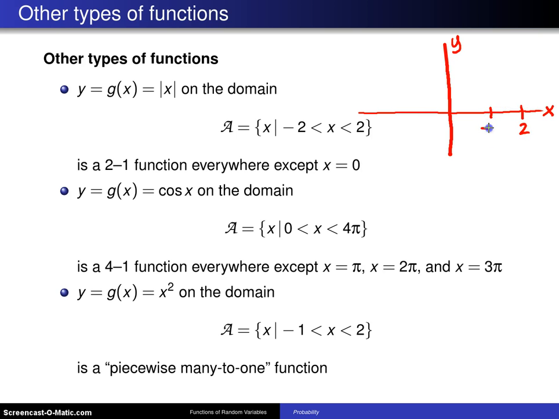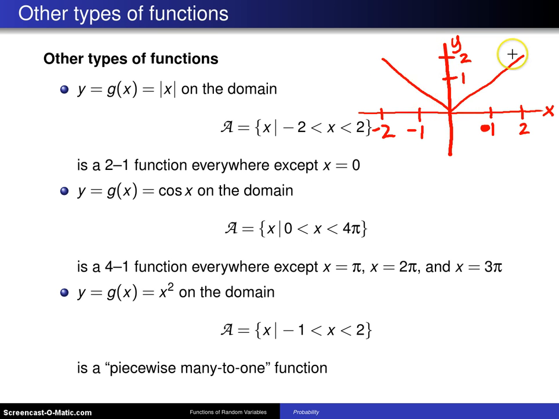The domain runs from -2 to +2. The graph of y equals absolute value of x is V-shaped, and it maps to script B, which is the set of all values from 0 to 2.